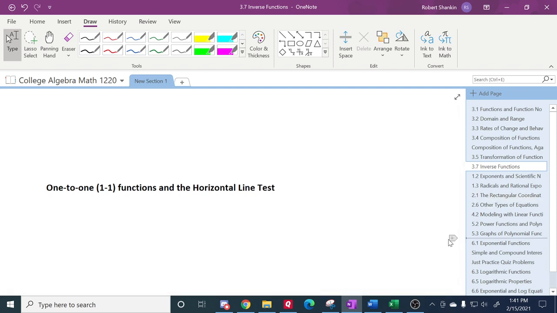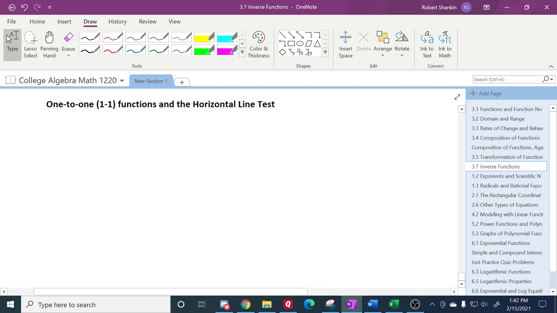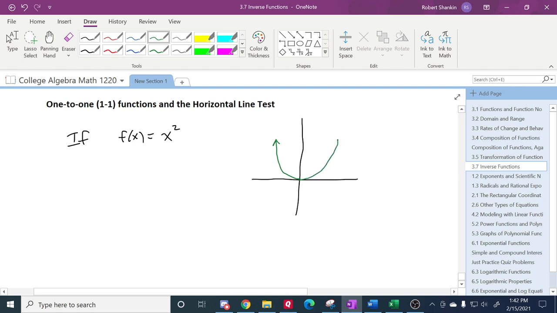So let me just jump down to here for a minute. If f of x is equal to x squared, let's look at this function. It's an ordinary parabola centered at the origin.